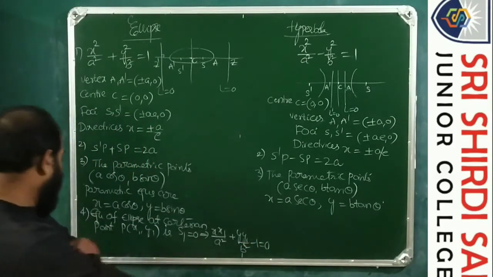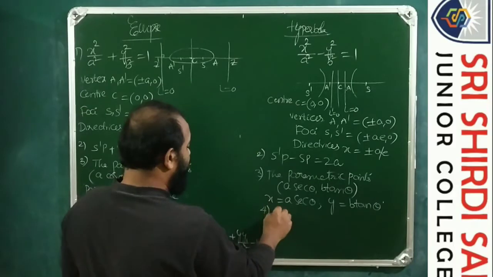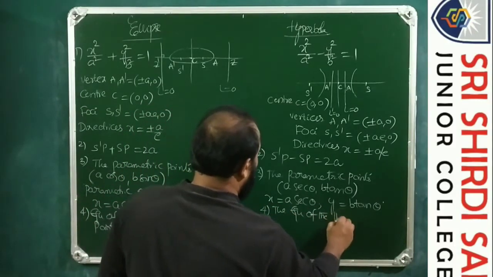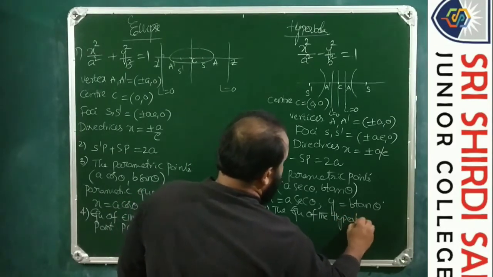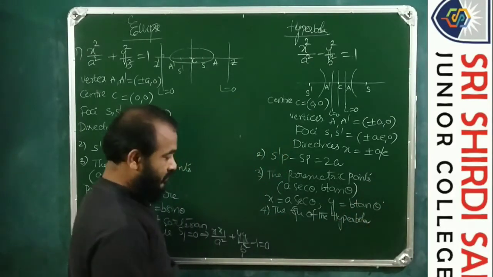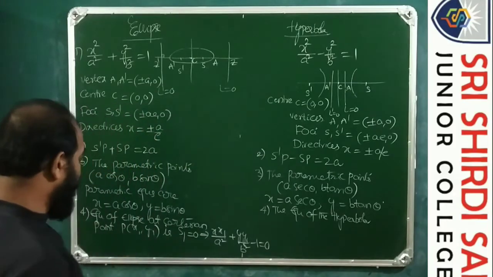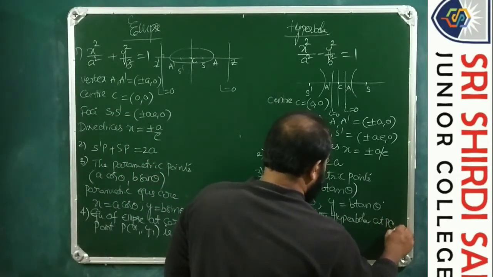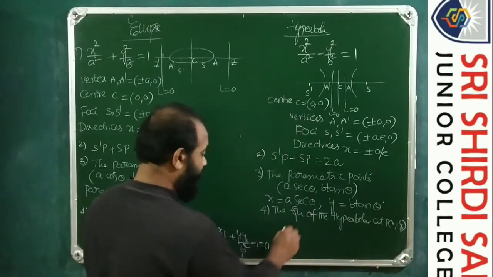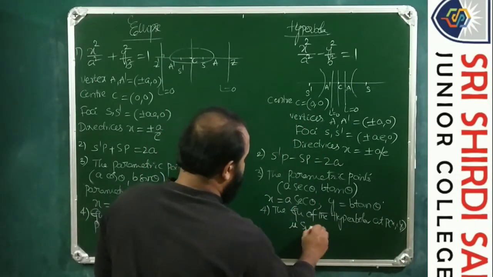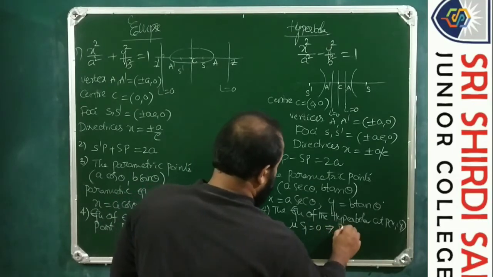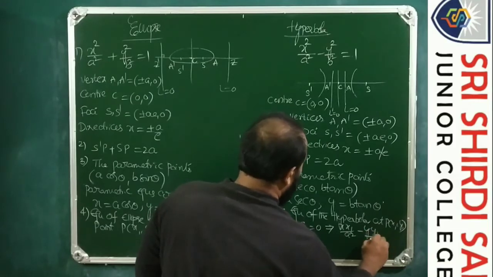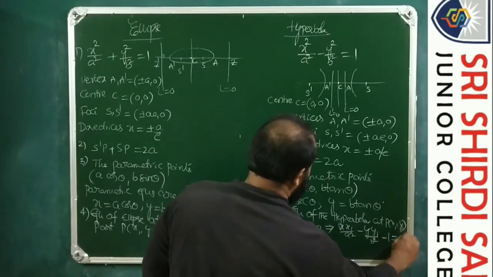Here the equation of the hyperbola at the Cartesian point P x1 y1 is S1 equals to 0. That means x1 by a square minus y1 by b square minus 1 equals to 0.